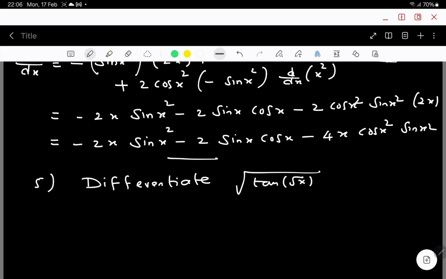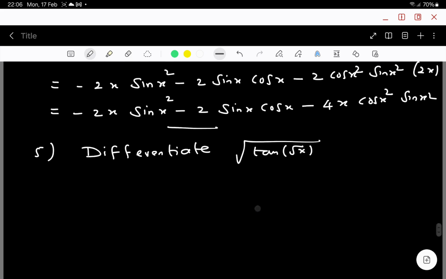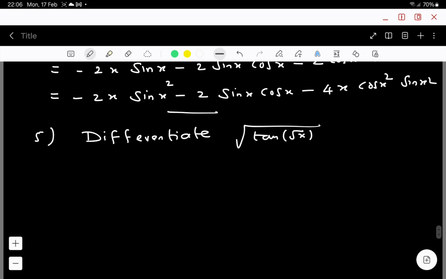Under root, tan root of x. To differentiate this problem, we apply the square root rule. Okay, we apply the square root rule.